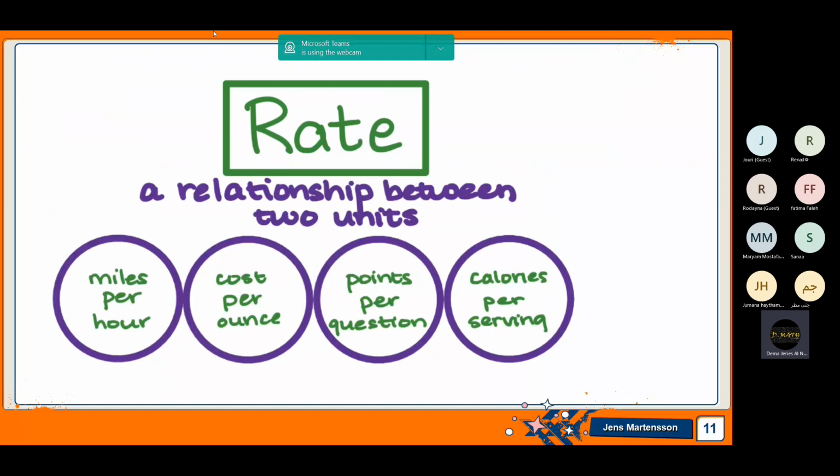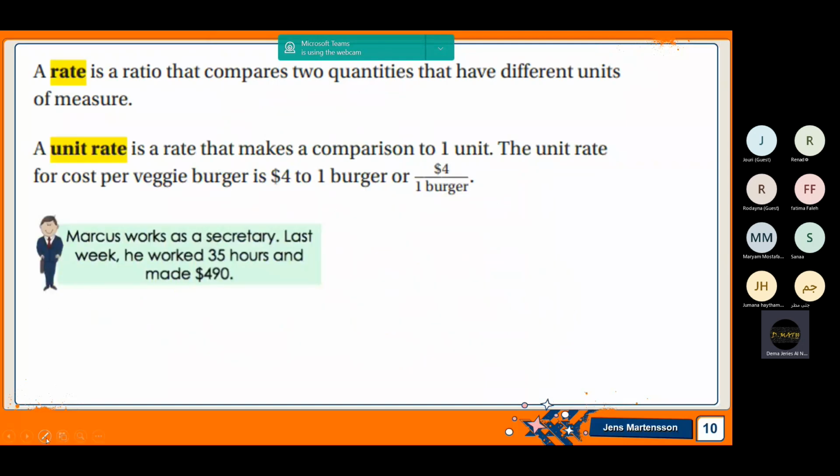And we said, like one of the examples of rates, if you say 20 marks per 4 questions, here I divide two different quantities.